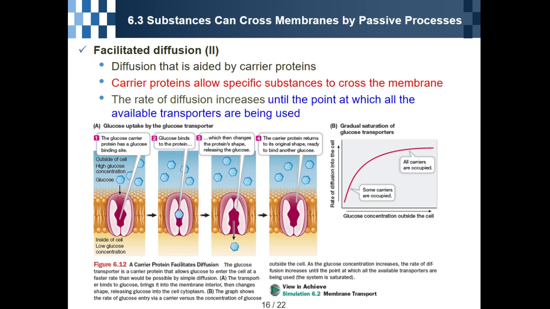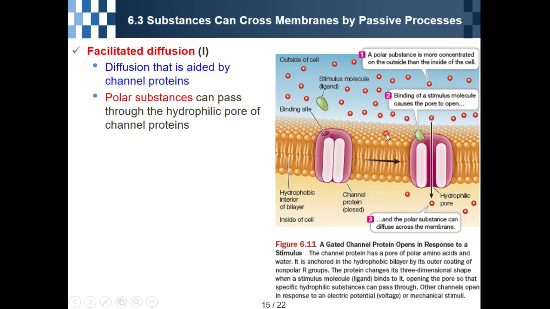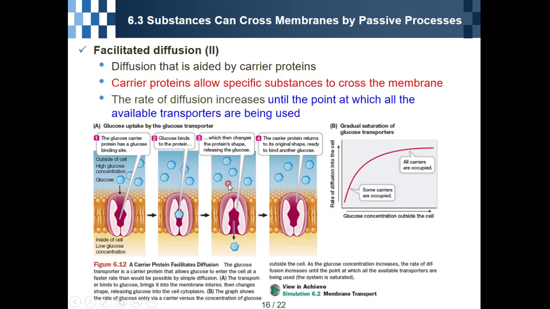This carrier protein can only bind to glucose. That's why the glucose can pass through this membrane. Previously, the channel protein didn't have specificity, but some kinds of channel protein have specificity, so they can allow specific substances to cross the membrane.